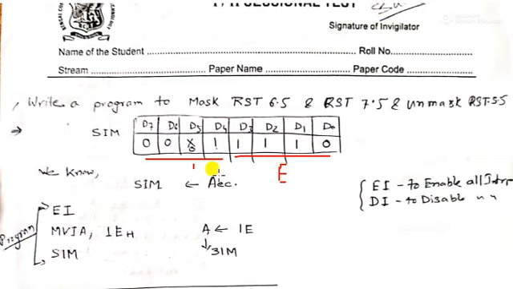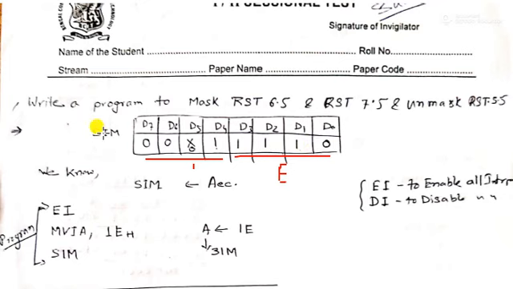The programmer has to write 1E for the SIM instruction. Okay, after that when the program executes, the processor will understand that it has to mask RST 6.5 and 7.5 and unmask RST 5.5 after loading the SIM instruction.